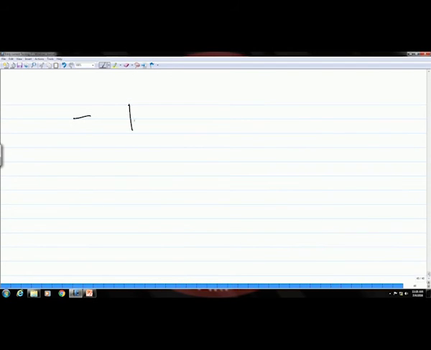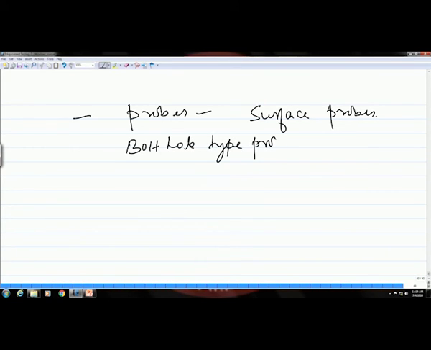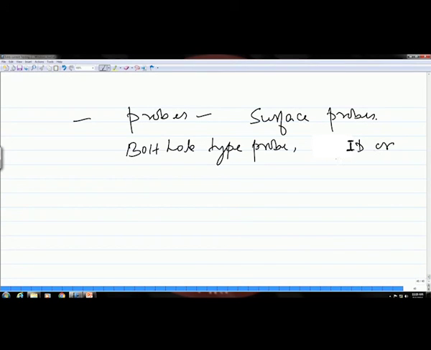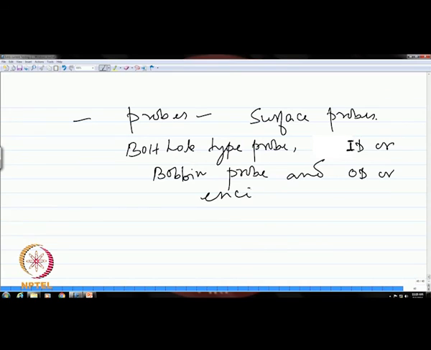Okay. Then we learned about different types of probes, different types of eddy current probes, and in this we saw surface or flat type of probes. Then we had bolt hole type probe, IB or bobbin probe, and OD or encircling probe.